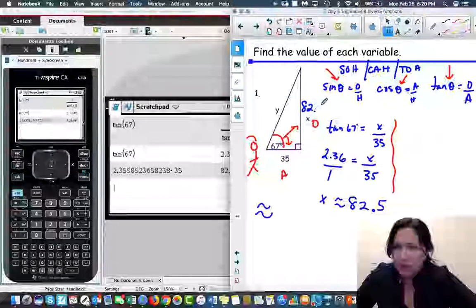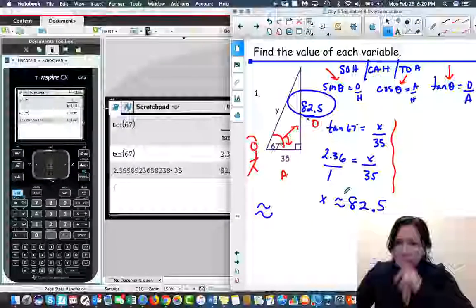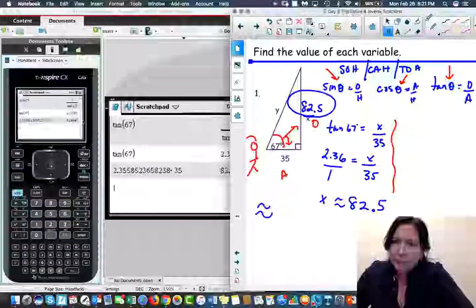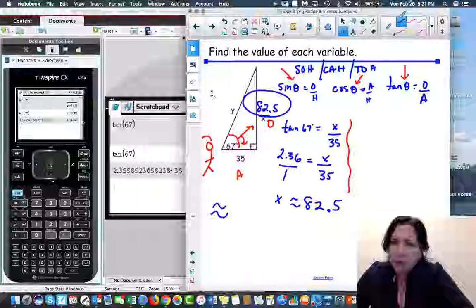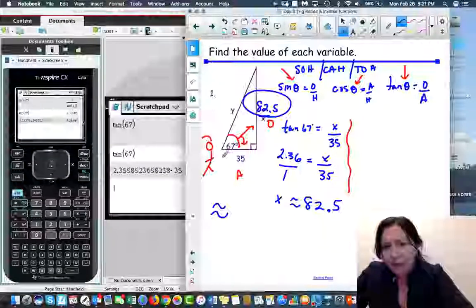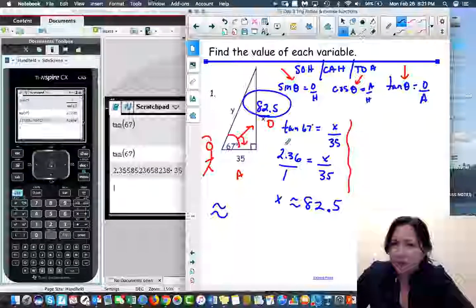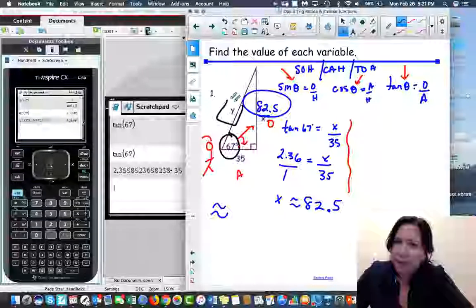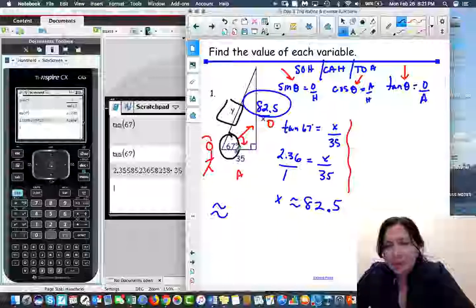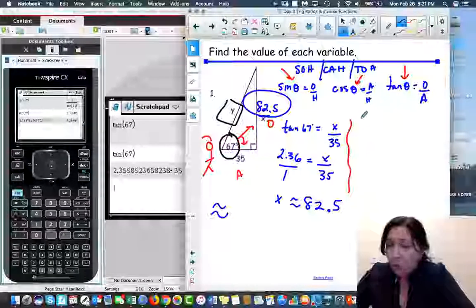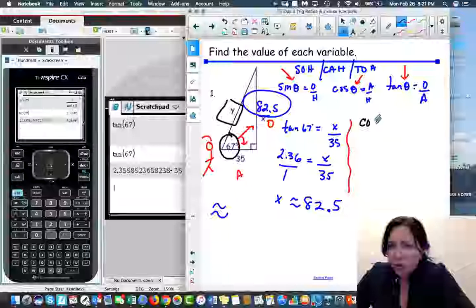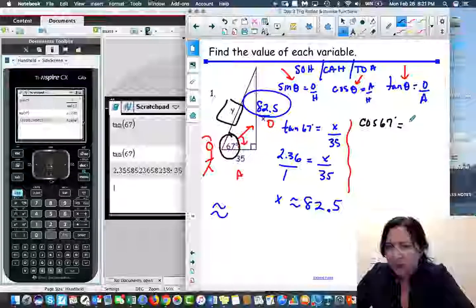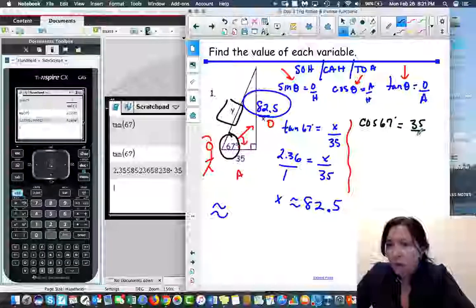So 82.5. Okay, now I also have to solve for y. Going back to y, I'm still here at this angle, still at 67 degrees, and I need to find y. A couple of options. Number one, cosine of 67 degrees is equal to the adjacent side, which is 35, over y.